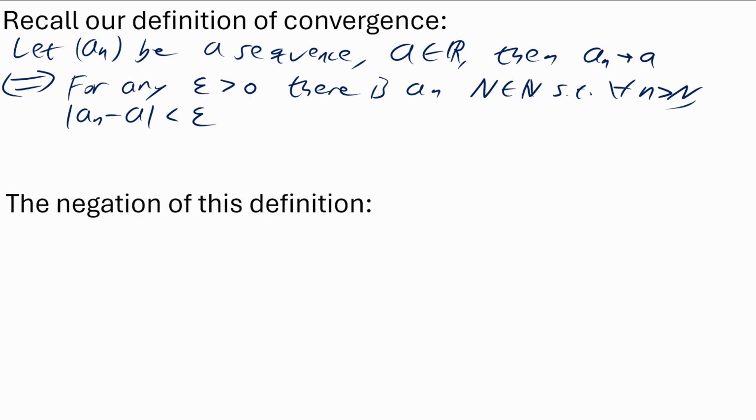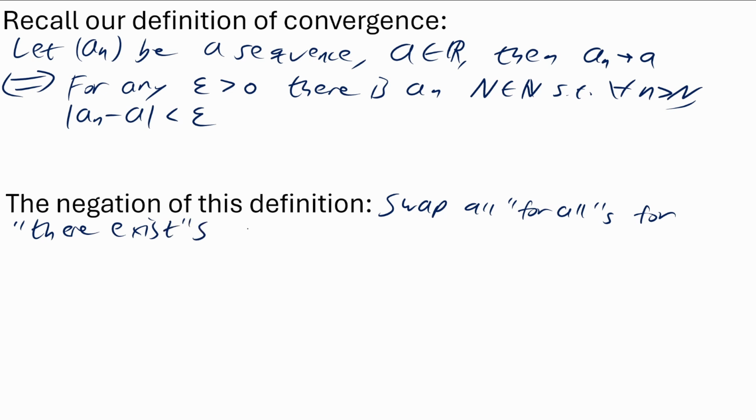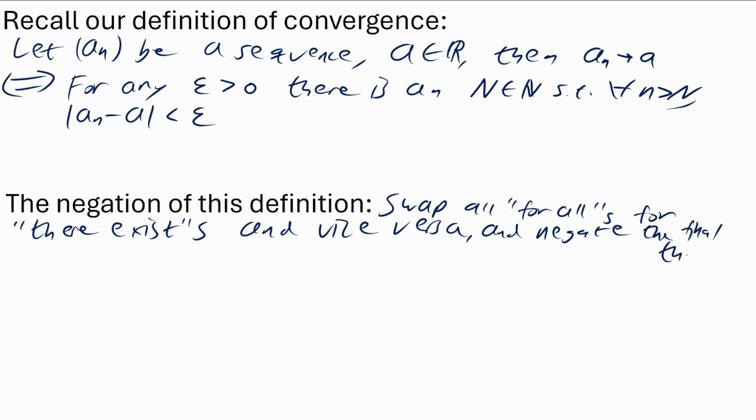To negate this definition, it's pretty simple. Swap all the "for all"s for "there exists" and vice versa, and negate the final statement. This will make sense in a second.